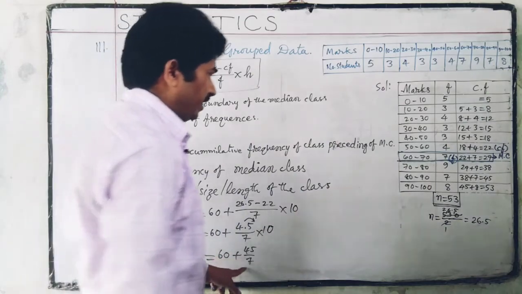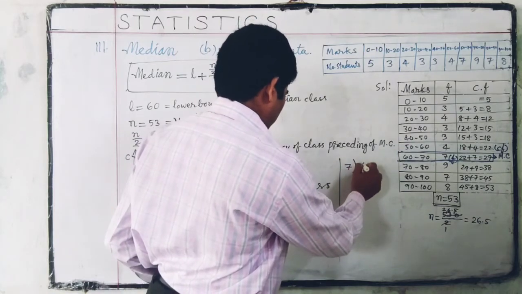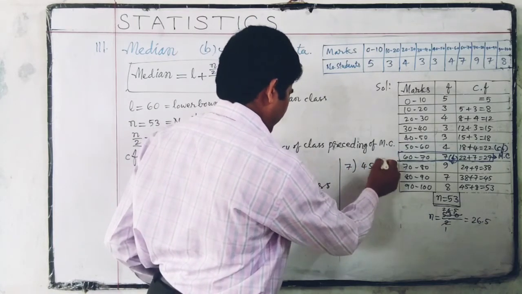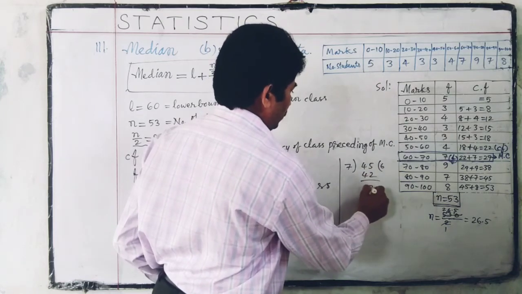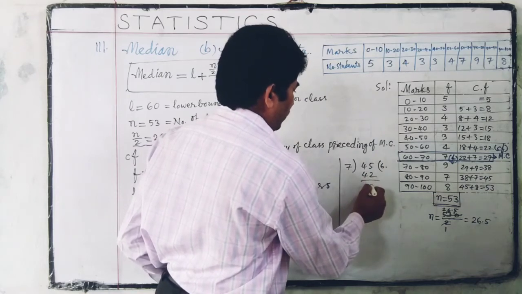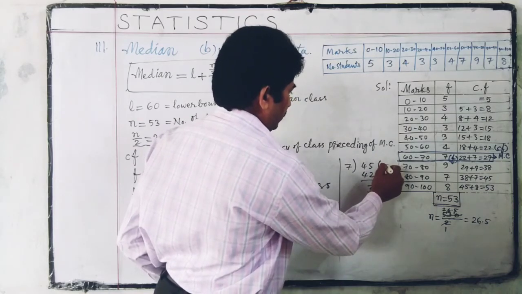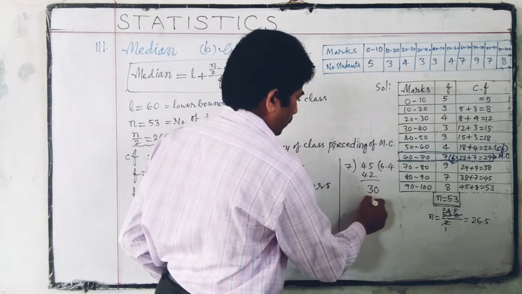Now we have to divide this. 45 by 7: 7 sixes are 42, 3, 7 fours are 28.